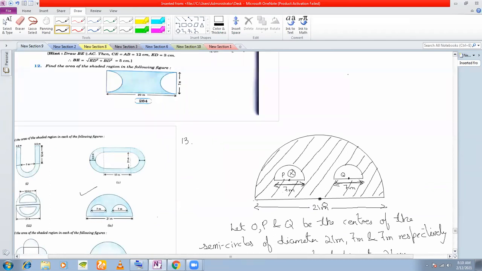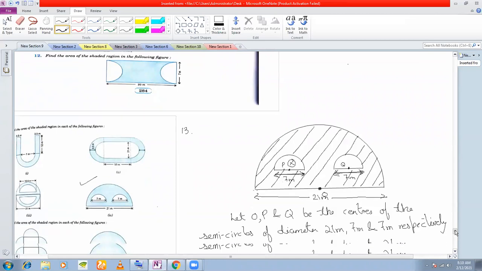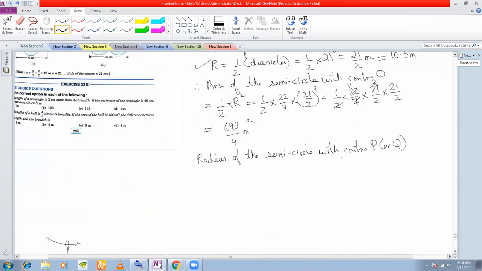You just find the area of one and you can multiply it by 2 for P and Q. So a radius of the semicircle with center P or Q is equal to half of diameter. Sir, 3.5.